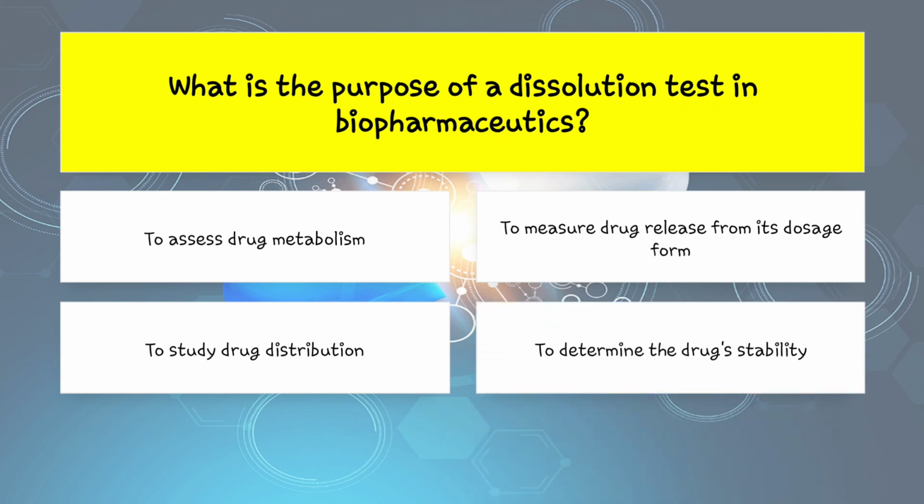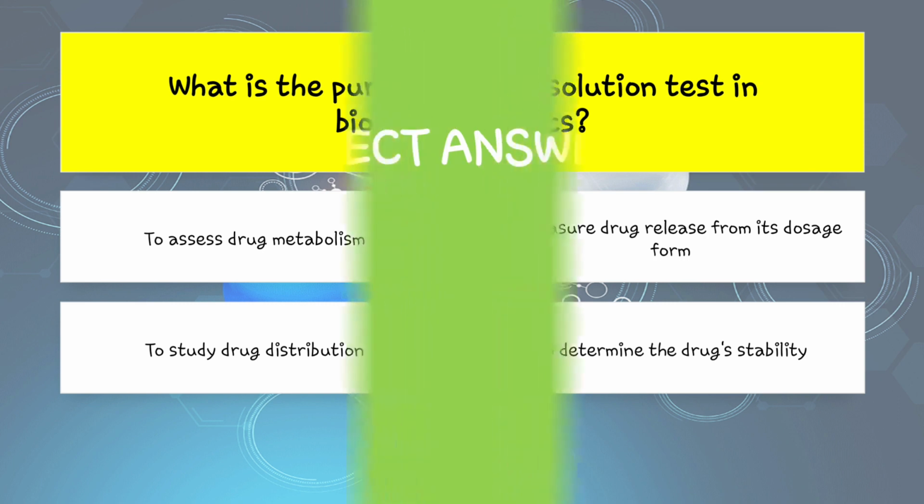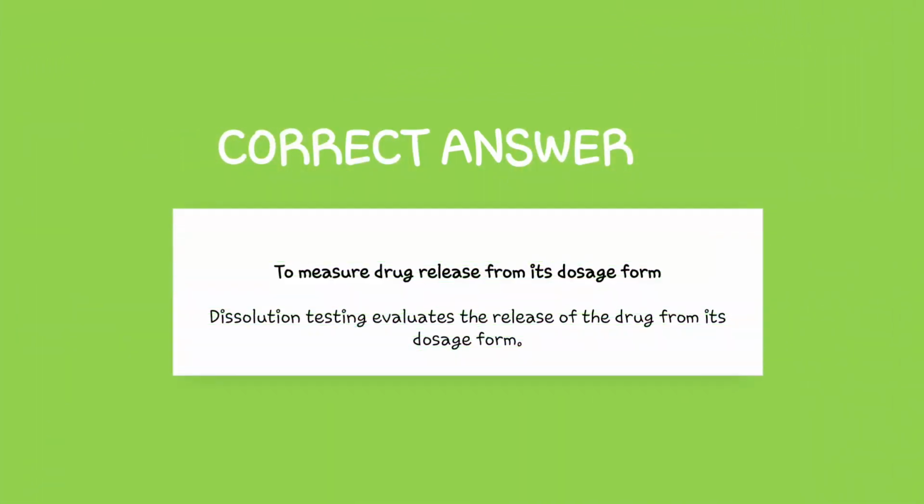And your time starts now. Time up. The correct answer for this question is to measure drug release from its dosage form. Okay, so dissolution test evaluates the release of drug from its dosage form.